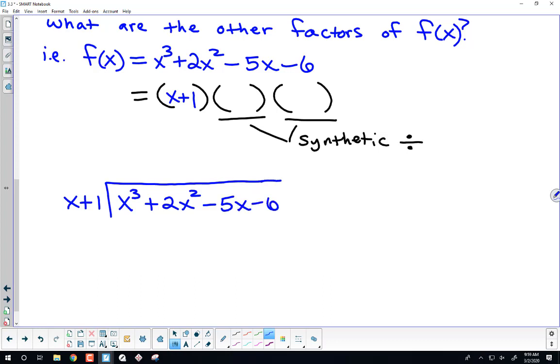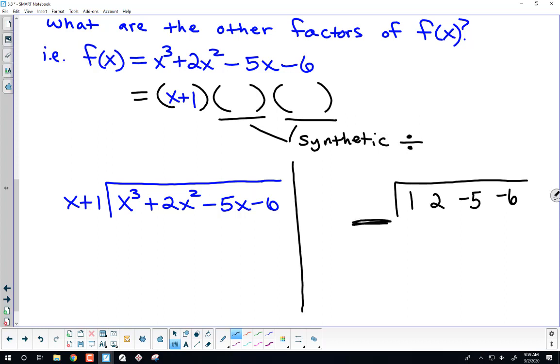We've got to perform this division, which is equivalent to our coefficients on the inside, 1x cubed, 2x squared, minus 5x, and minus 6. We're dividing by what's out here in synthetic division. What's out there? Right, -1. So whatever we get below the line, with the exception of the remainder, is the other factor.